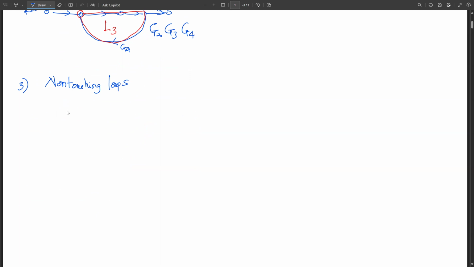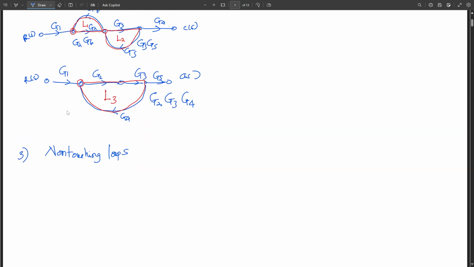Let me give you a simple illustration here. Let's come back to this side right here. You can see that these loops are touching each other because there's a common node here. This loop and this loop all have a common node here, hence they are touching.